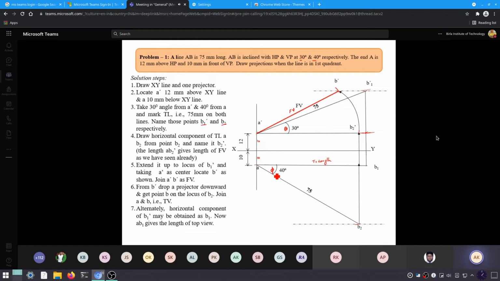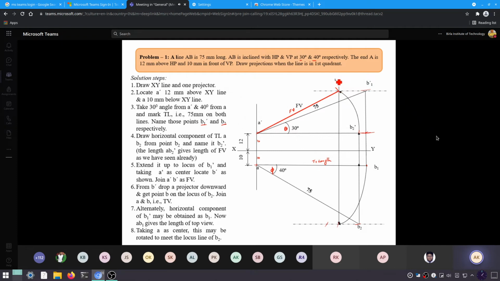From A to B1, now you open your compass from here to here and mark an arc over here, for whatever the location you get. So let's say the arc is over here and you join this. This is again a confirmation.